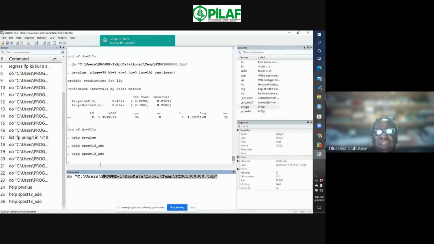Can you try the second one? Yes, I'm trying that. Try S post again. S post 13, sorry, underscore ado. So try to install the second one.